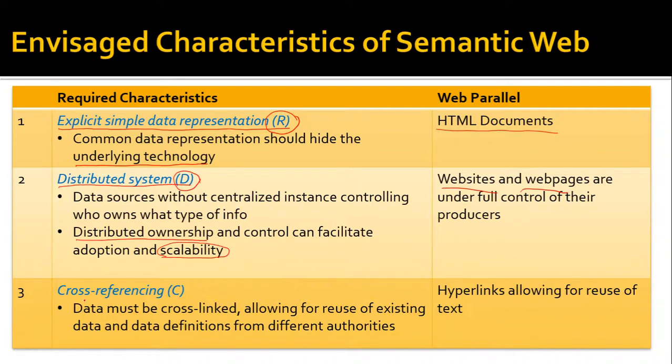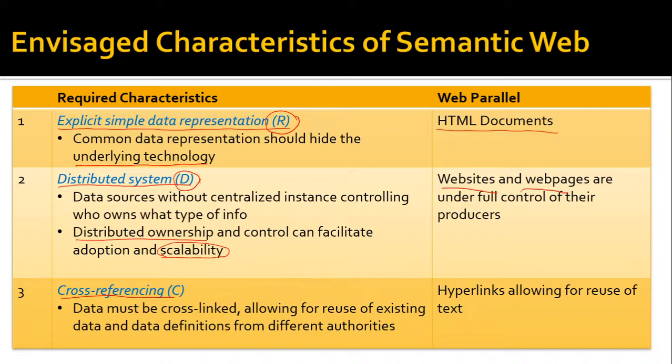The third characteristic that we want to have in the semantic web is the ability to cross-reference, right? So if you have a data item, and in the data item you have a description about an entity, you can cross-link that description with related descriptions about the entity in other data sources, right?